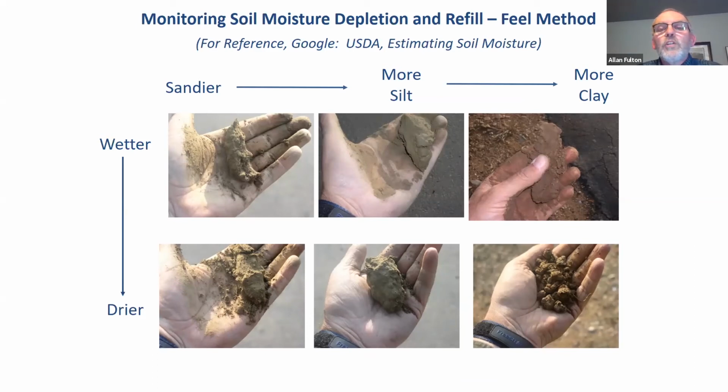If you Google USDA estimating soil moisture, there's a nice colored publication that will walk you through how to auger and handle soils and evaluate the available water content so you can judge how well those soils are refilling.